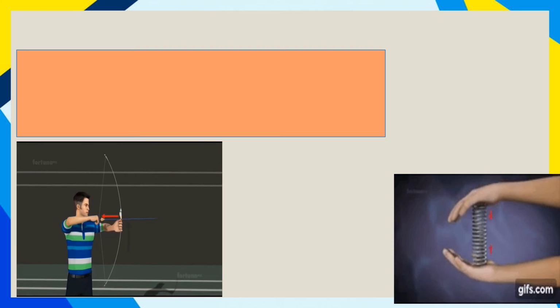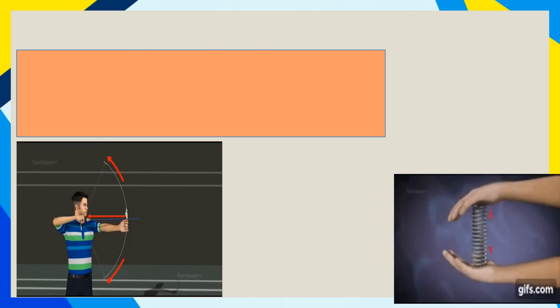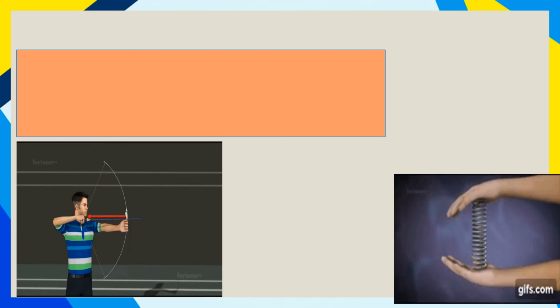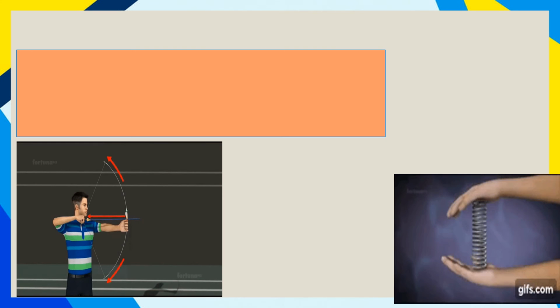This arrow is being pulled back and kept for a few seconds and then it is let to move. When it flies, the arrow moves with a very high speed. Now, how does it get that speed to move? That is because when we pulled the arrow back, we had stored a particular amount of energy in it. That energy helped the arrow to fly with such a high speed.